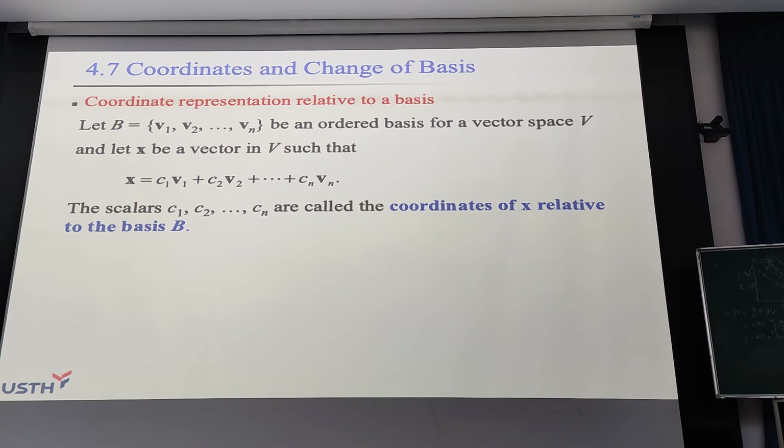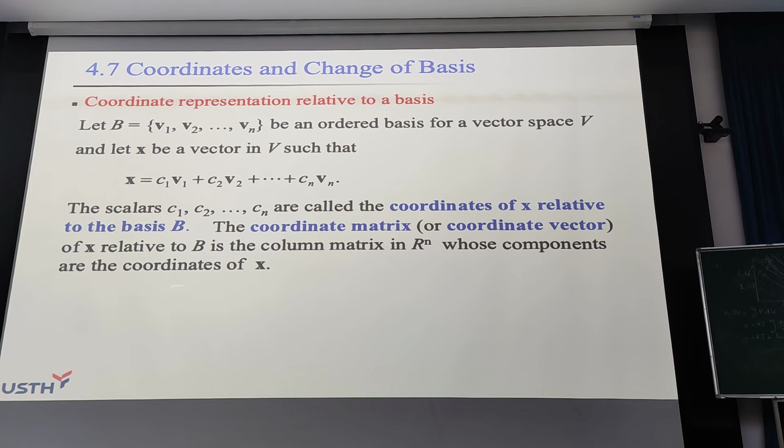The name is like that, but once again I repeat that it is something you know already from high school. If you consider the coordinate plane, when you are given a point on the plane with coordinates 2, 3, we know where the point is.